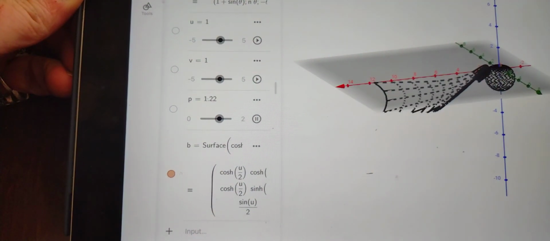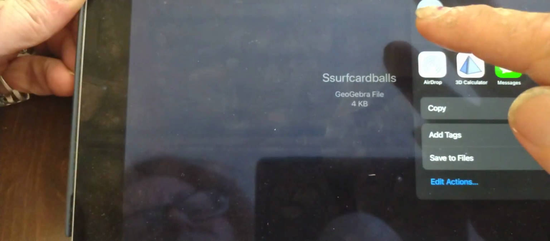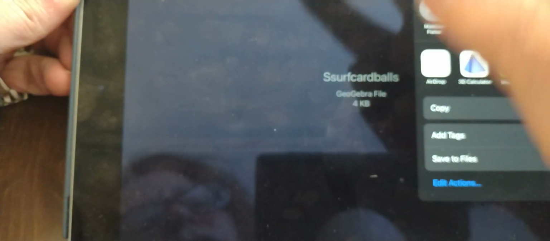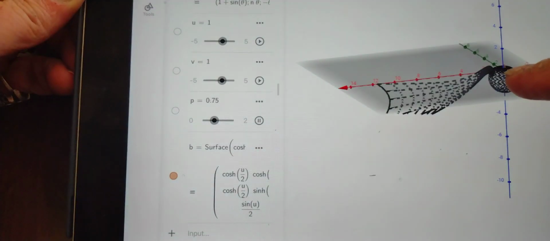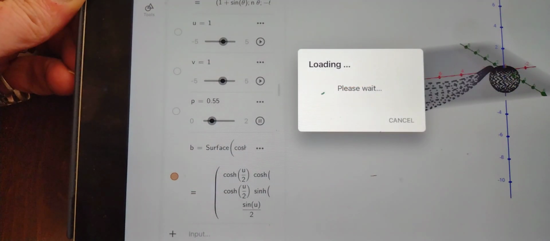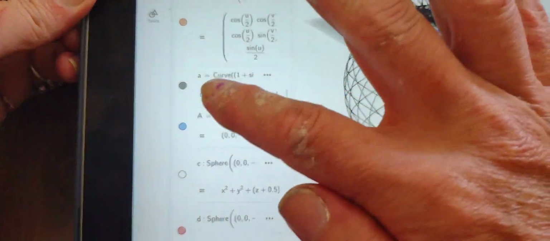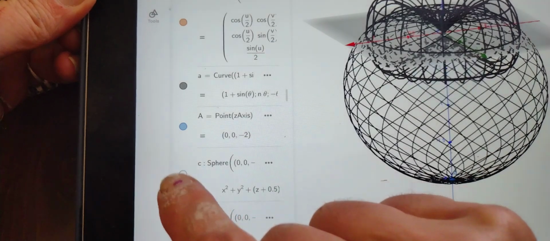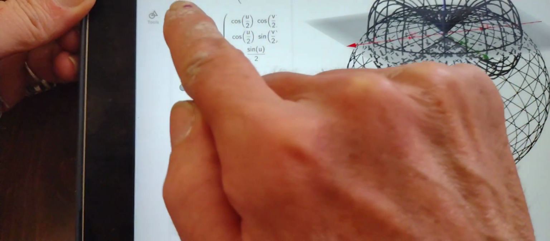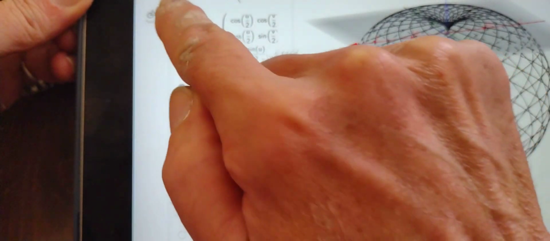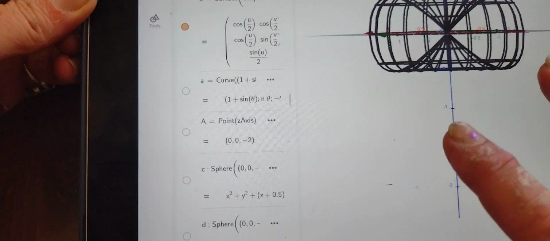Let's load. Okay, now let's get rid of some stuff. Let's get rid of the red ball and white ball. And this. Oh no, that's what we keep. Okay, right. This is Shirley's surface.